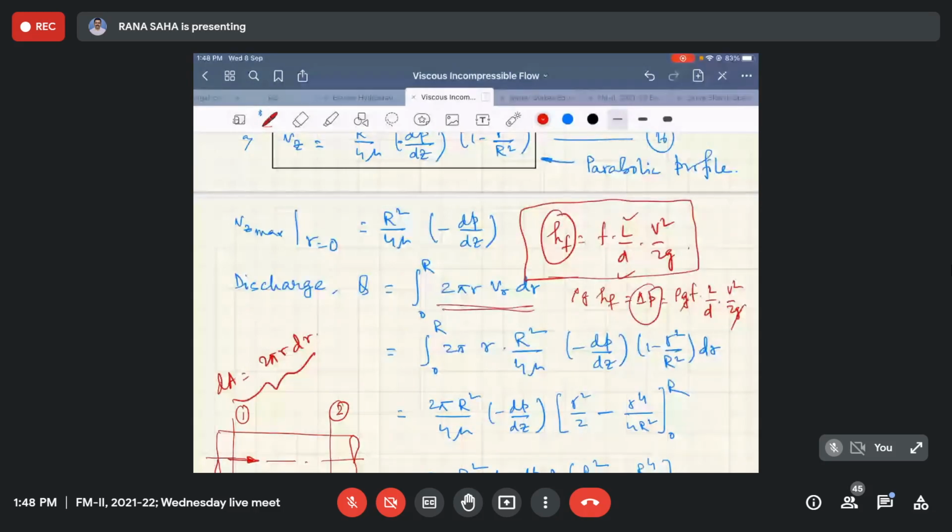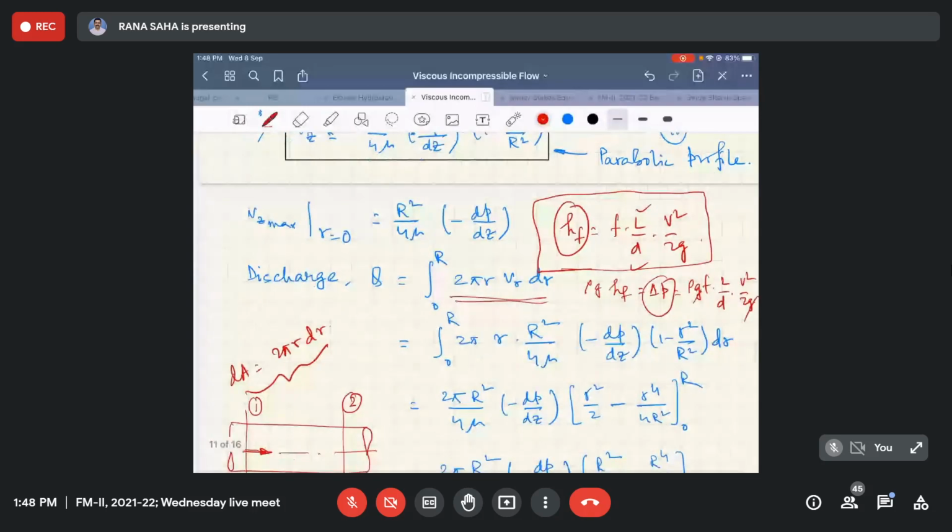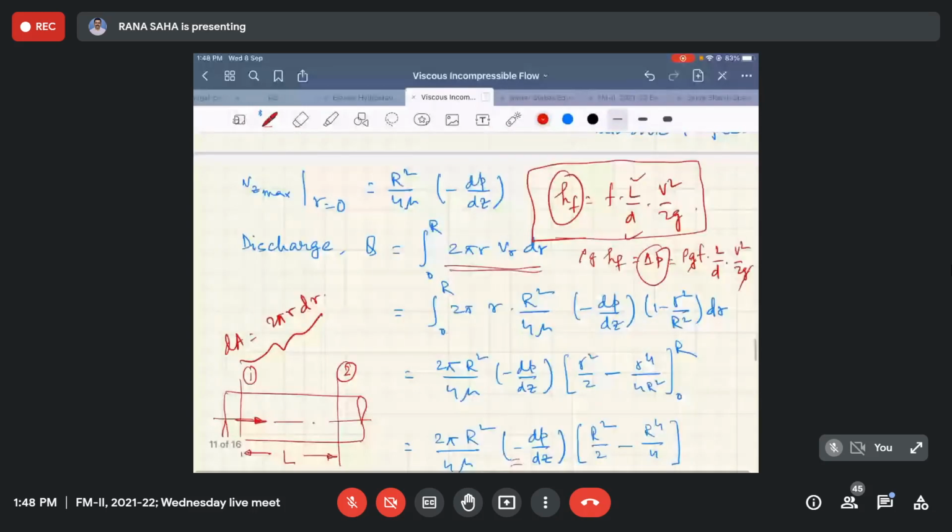Sir, it is loss. What loss is this? Head loss. Head loss due to what? Sir, due to friction. Friction. What is this equation called? Sir, it is Darcy's equation. Darcy's equation.